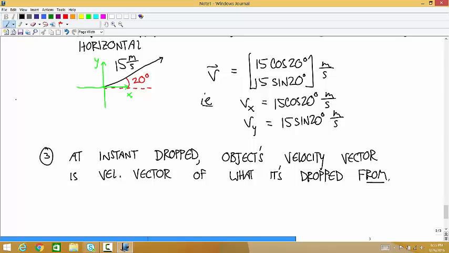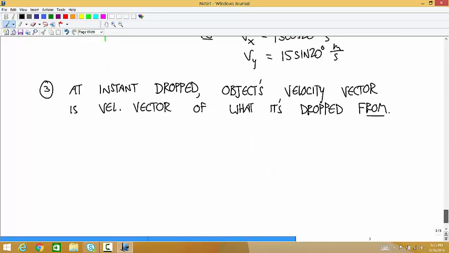So if it's dropped from a car, then at the instant it's dropped, the velocity vector is the same as the velocity vector of the car. If it's dropped from a bridge, then the velocity vector is 0 at the instant it's dropped. And this is the last one.